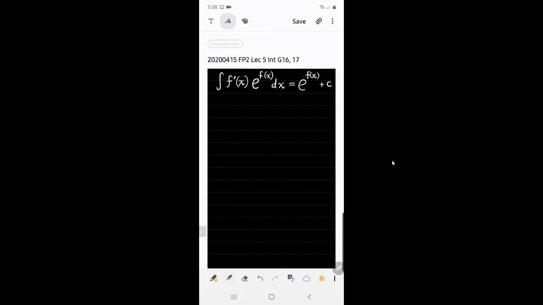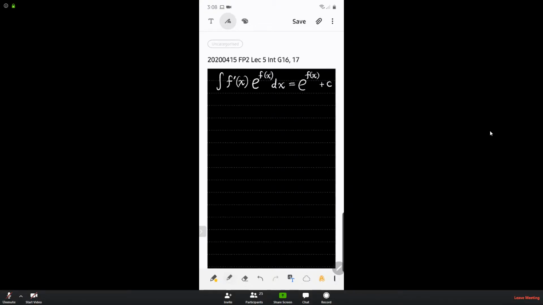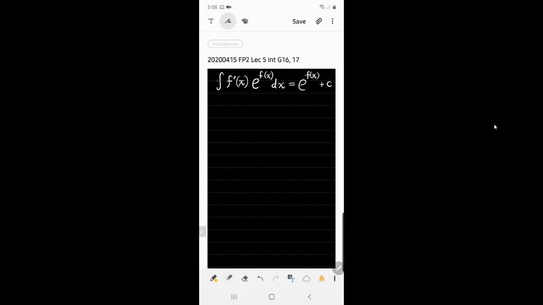Now, if the f prime is in front but it's not exactly the form yet, probably you have to add some number. Then remember, you have to make some adjustment inside the integral and also outside the integral. I hope all of you can remember this is the first formula you need to know for this lecture.